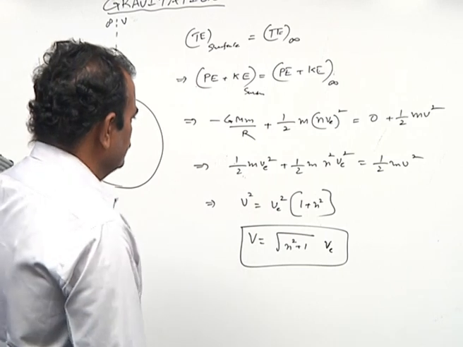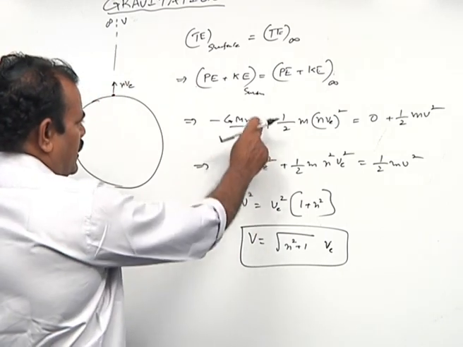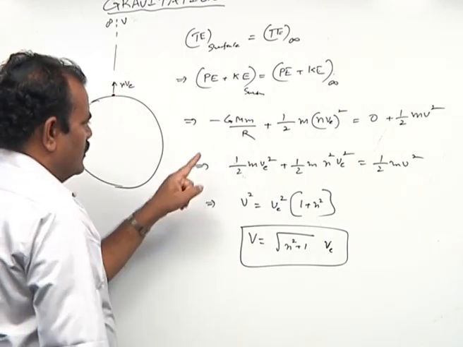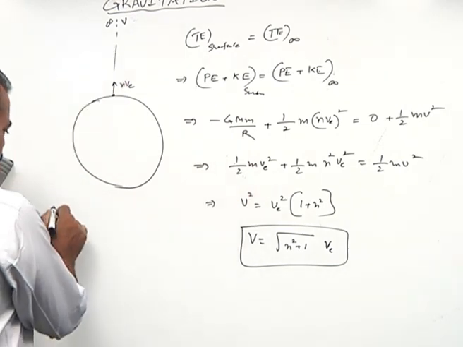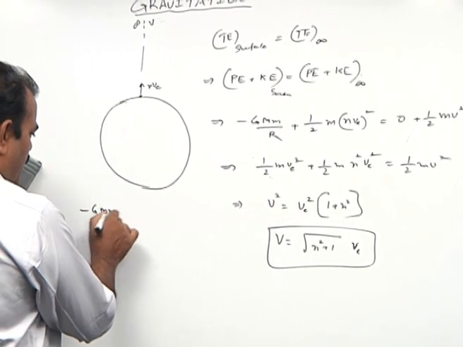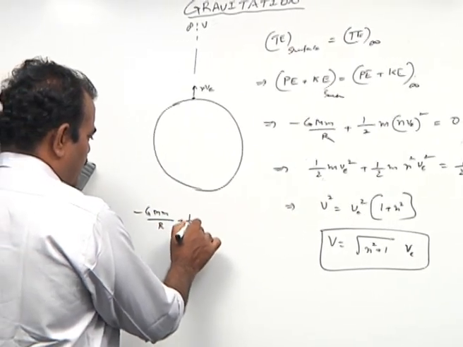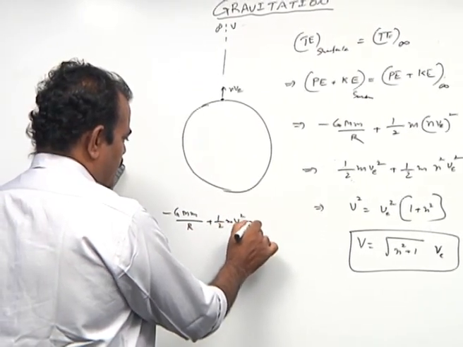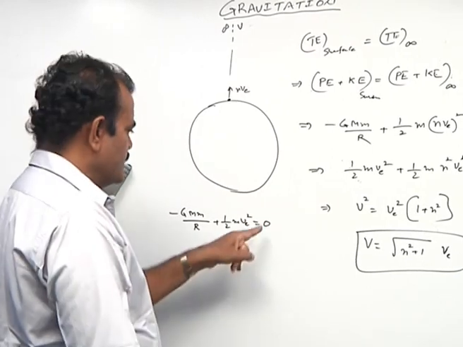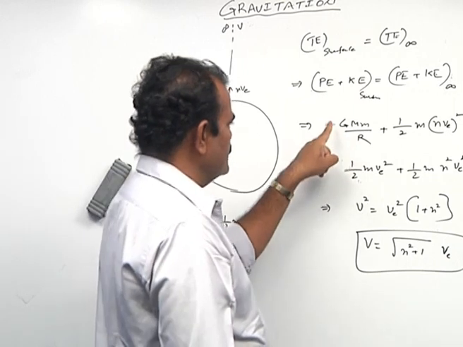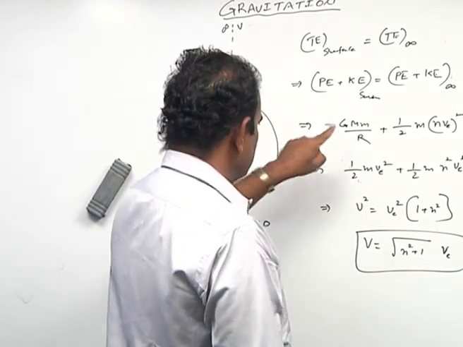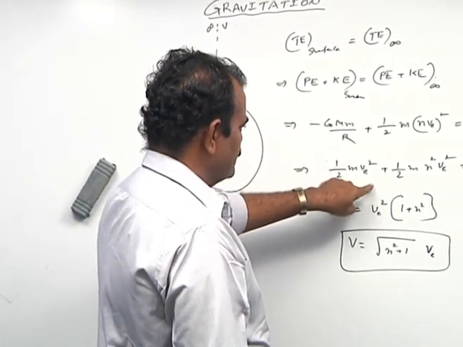Now minus GMm by R is replaced by 1 by 2 mVe square, because we have just proved that minus GMm by R plus 1 by 2 mVe square is equal to 0, the total energy to infinity.